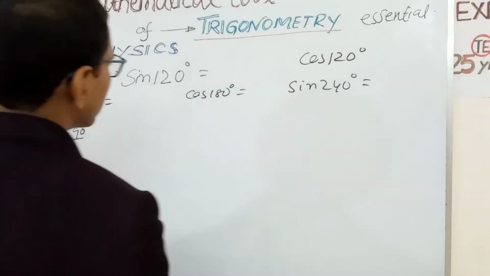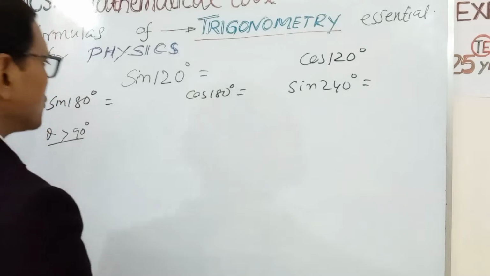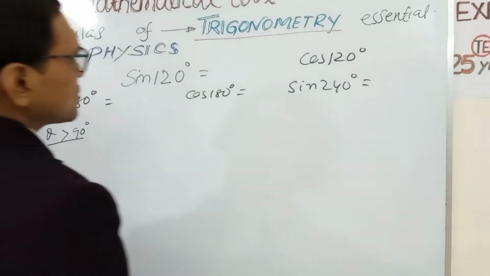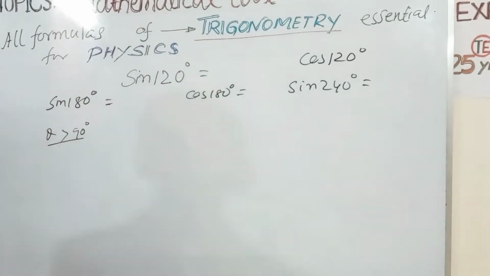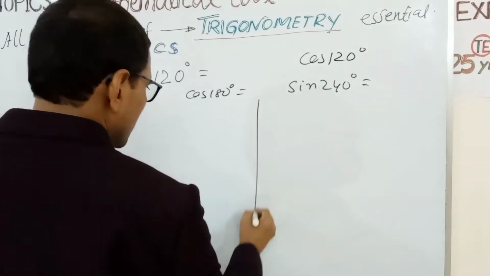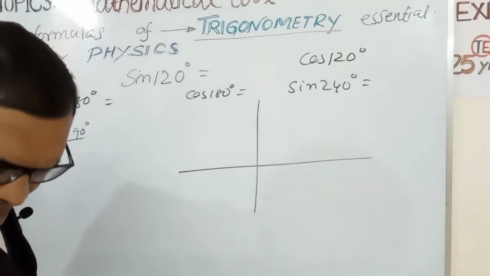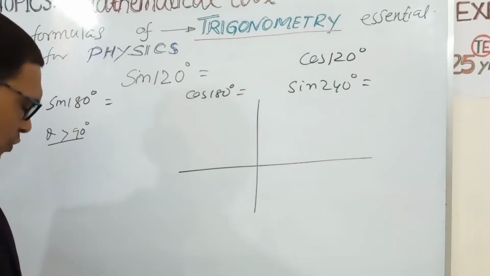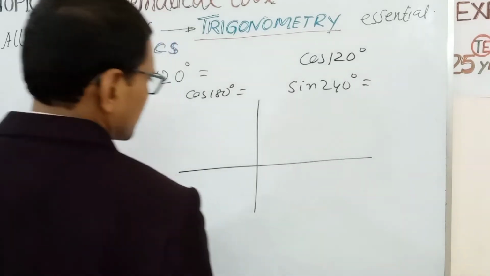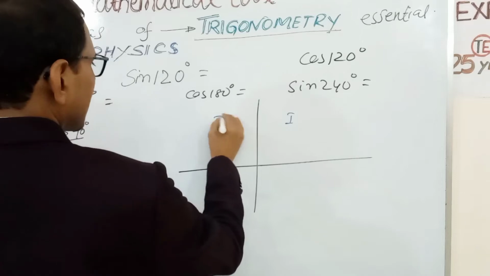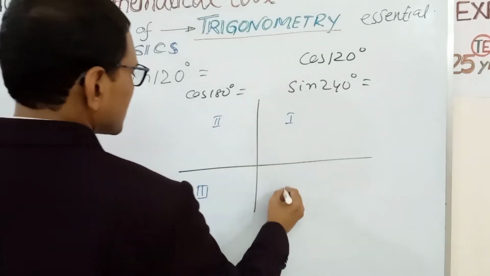Now there are some basic rules for how to find the value of sine, cosine of an angle greater than 90 degree. The theory is that first we divide the quadrant into four parts. This is the first quadrant, second, third, fourth.